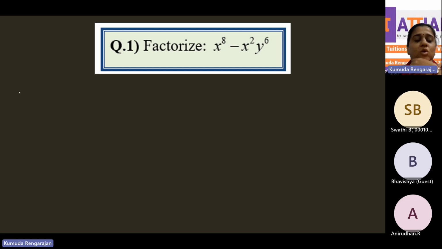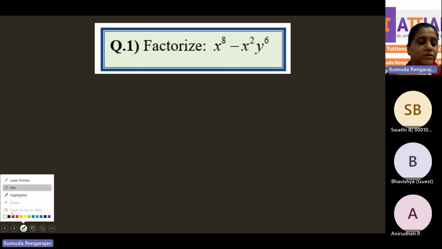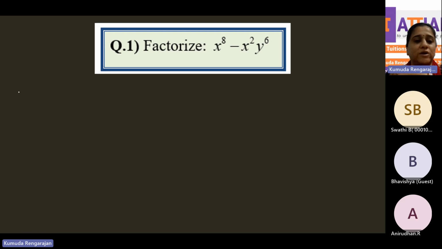All right. So the golden rule in factorization is that whenever the terms have something in common, you'll have to take out the common factor. So what is common? X to the power 2 is common. So in the bracket, x power 6 minus y to the power 6.